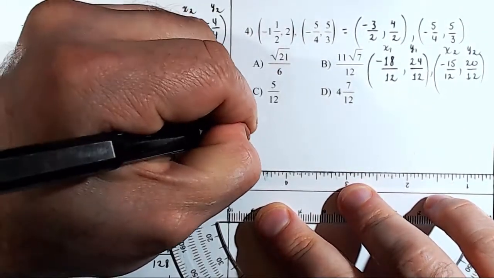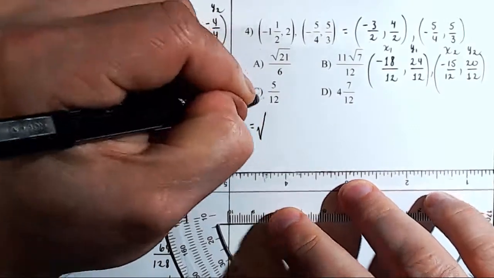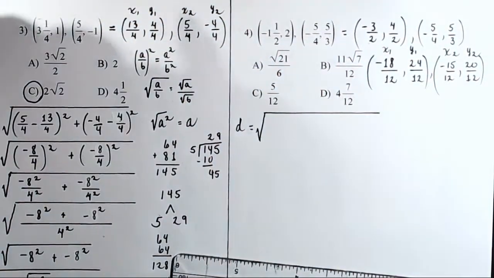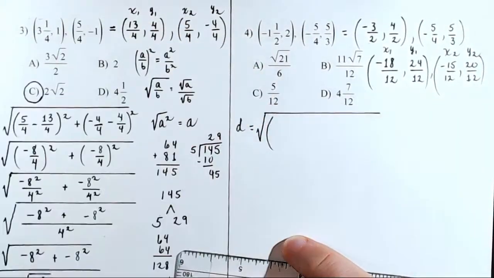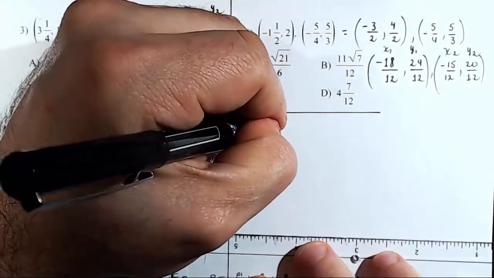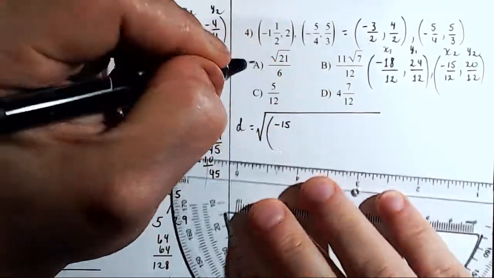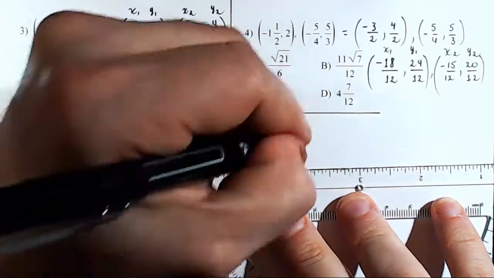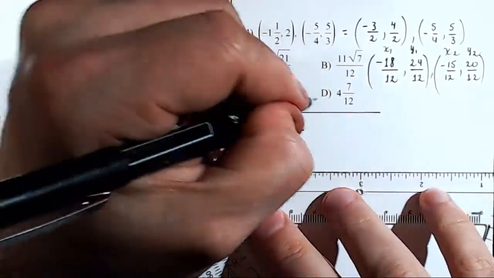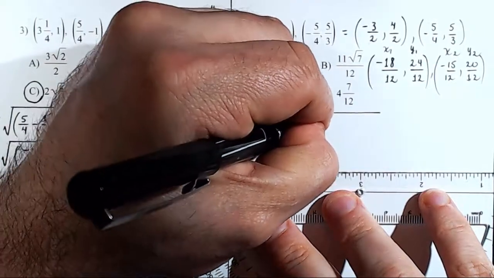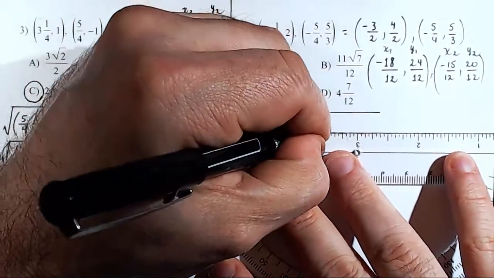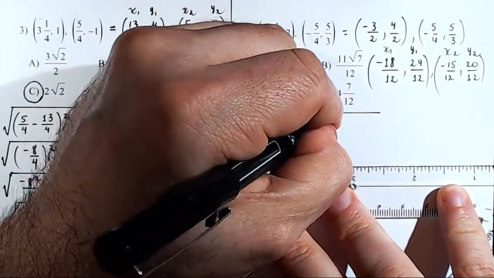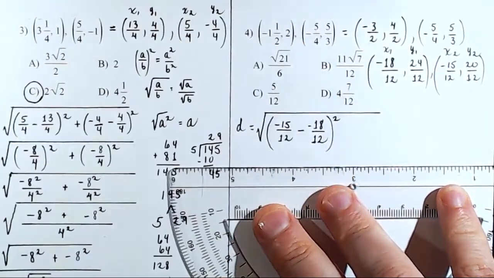Okay, so now d is equal to the square root of, open parentheses, and now I need x2, which is negative 15 over 12, minus x1, which is negative 18 over 12, close parentheses, squared.